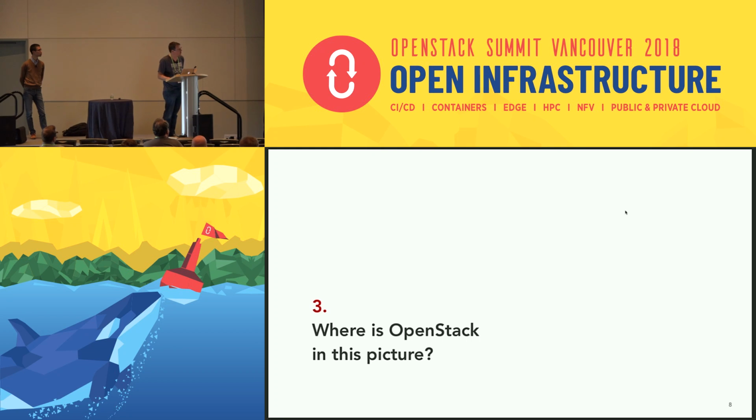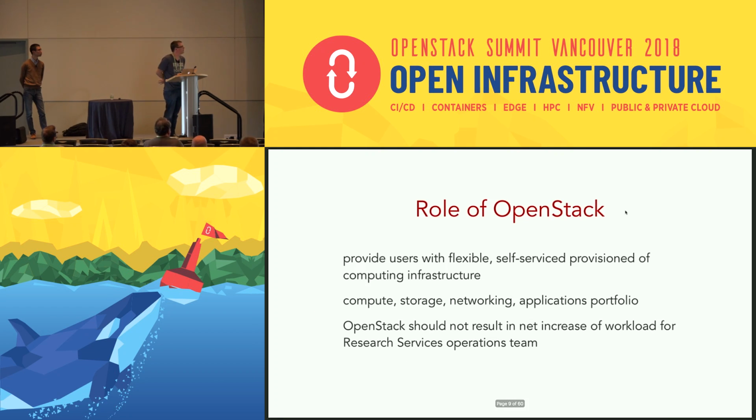Where's OpenStack in this picture? Provide users with flexible self-service provision of computing infrastructure. So again, what we are trying to do is offer compute, storage and networking, and what they need to do is build applications on top of it.